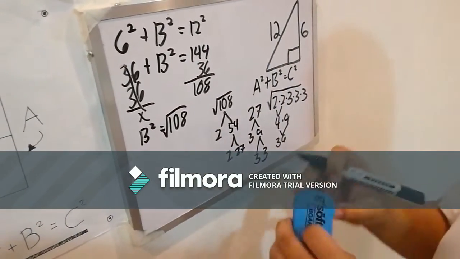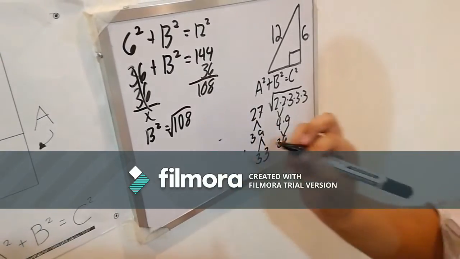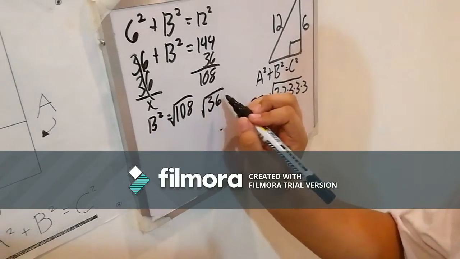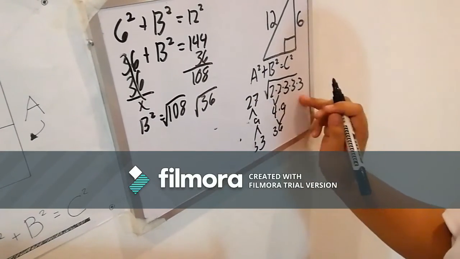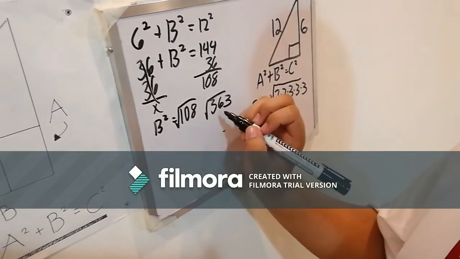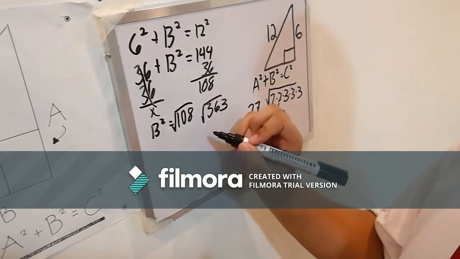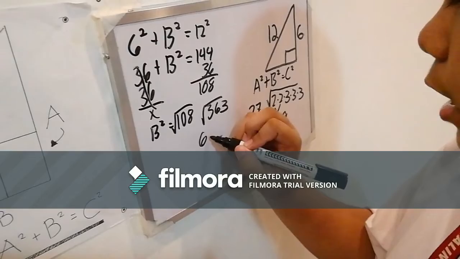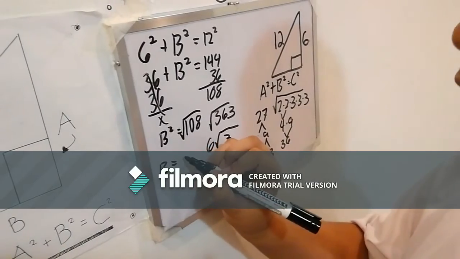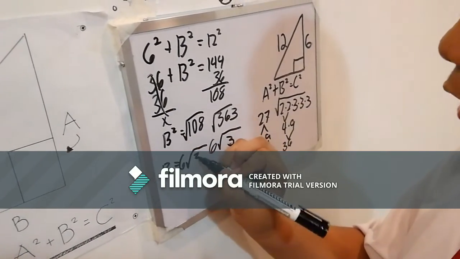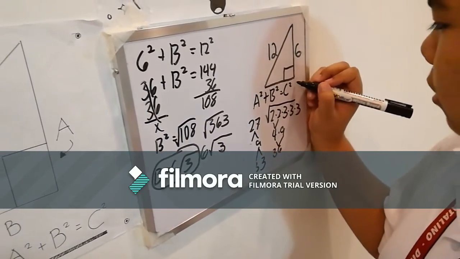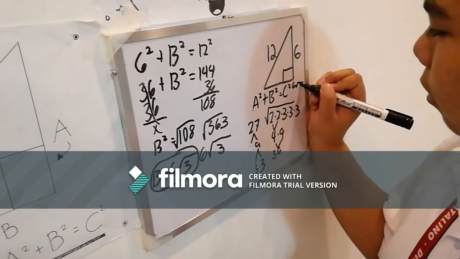Then the square root of 36, and the 3 will be brought down beside it. Then 36 can be broken down into 6 and 6. But we put 6 outside and 3 inside. So b is equal to 6 square root of 3. Then we put 6 square root of 3 here.